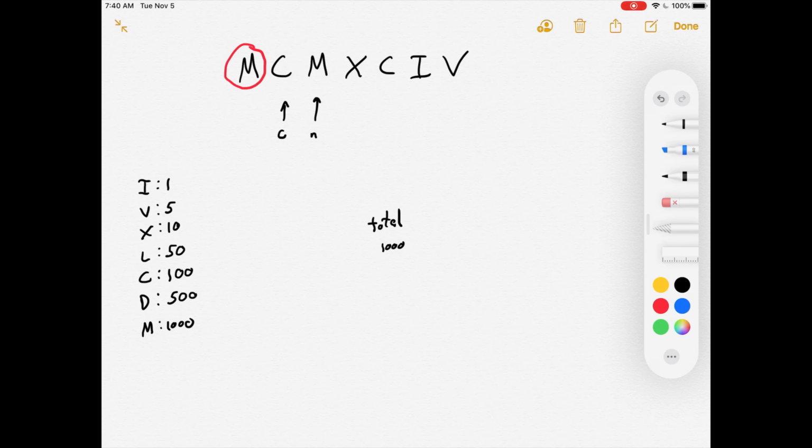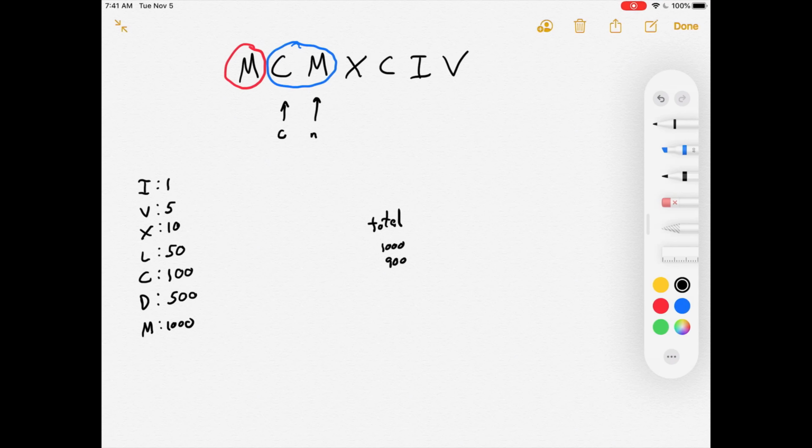Now we do the same comparison. Is the number on the left greater or the number on the right? The number on the right is greater. So in this case, we have to look at these 2 numbers as a whole. We subtract C from M, so we're taking 100 away from 1000, which would give us 900. So we add the difference between those 2 to the total.